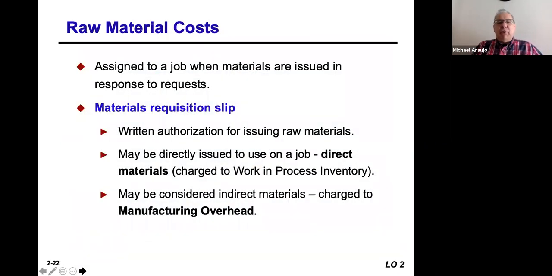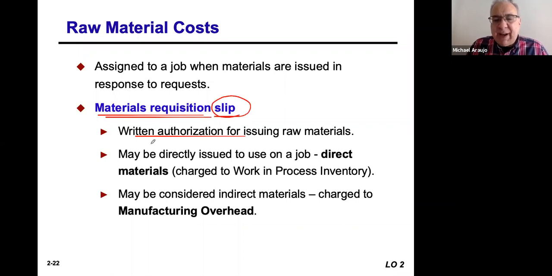All right. The first thing that happens when you need to start getting something done is you need to requisition the materials. Okay, you need a certain amount of materials to get a job done. All right. So the first thing that we look at are the raw material costs, and we need a written authorization for that. That's what the requisition slip is about.